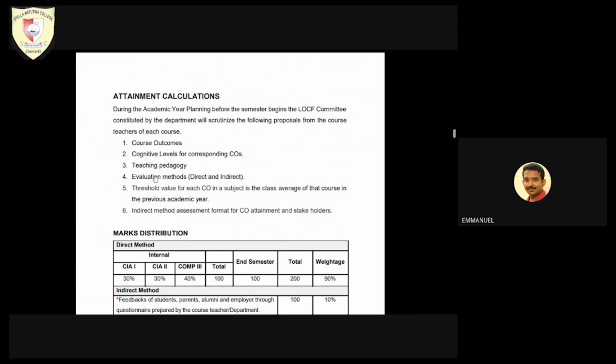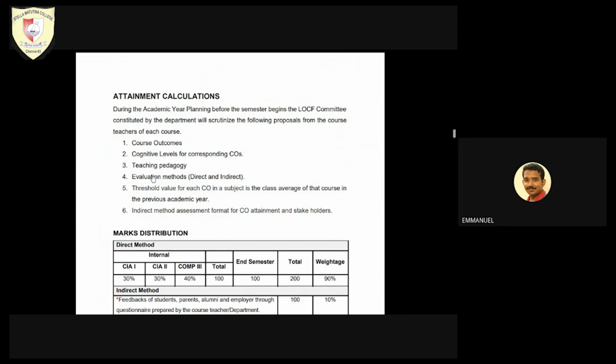As I told, direct is the usual valuation which we do under CIA 1, CIA 2, component 3, total 100 marks. Then semester end, another 100 marks, totaling up to 200 marks. Usually, by dividing that by 2, what marks a student gets will be given as the aggregate score for that particular course. So out of 100 marks.